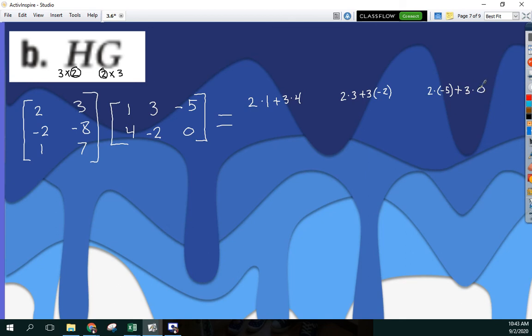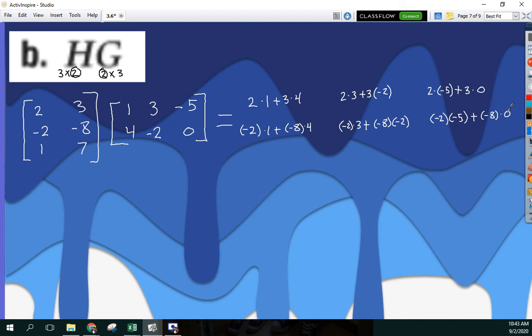Going on to our second row of our first one now, we have negative 2 times 1 plus negative 8 times 4. Going on to our second column, I have negative 2 times 3 plus negative 8 times negative 2. And then lastly, we have negative 2 times negative 5 plus negative 8 times 0.